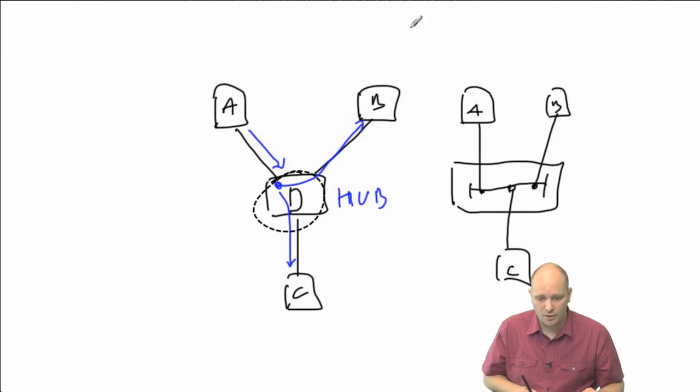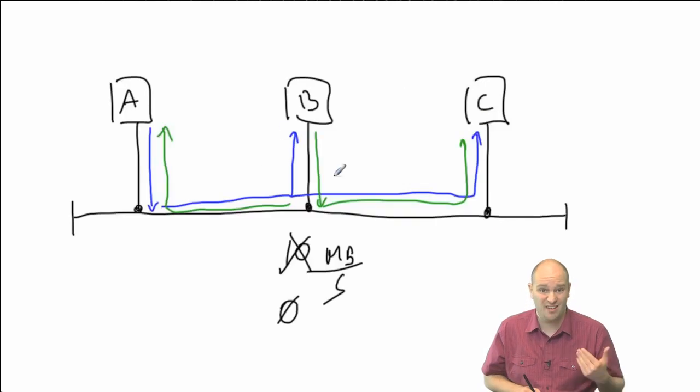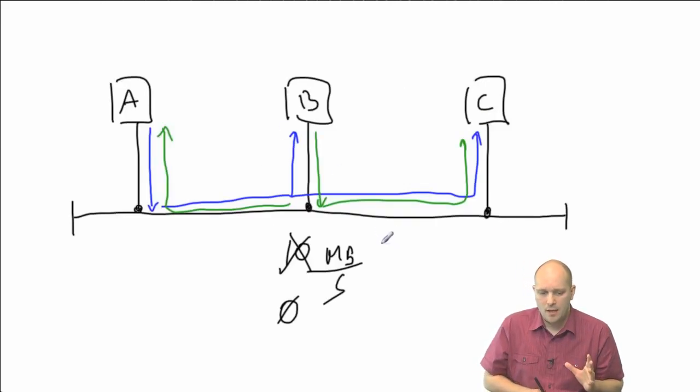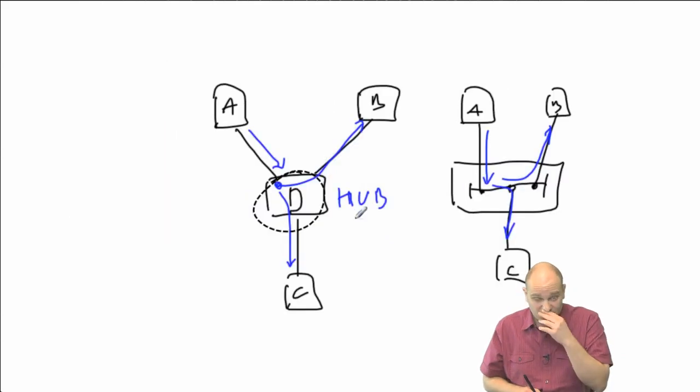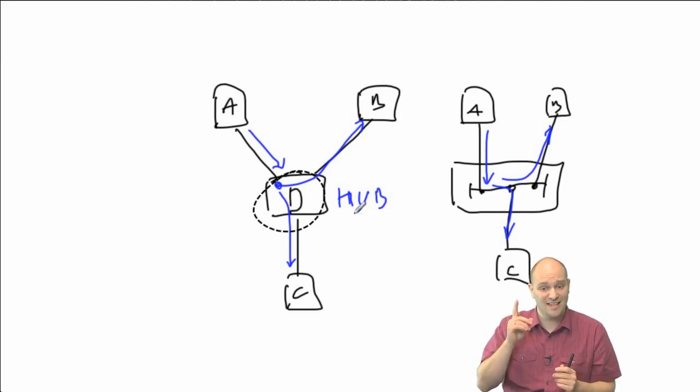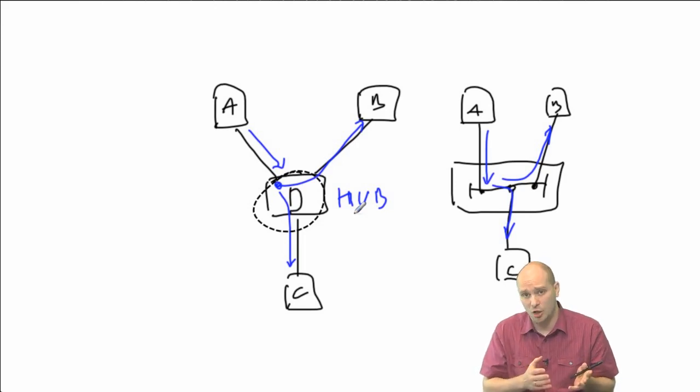So whatever arrives from A goes to C and goes to B. In other words, really, we have this in a smaller package. So hubs themselves were really just multi-port repeaters of the traffic. They still maintain a single collision domain. In other words, anything that A sends, B and C are going to hear.